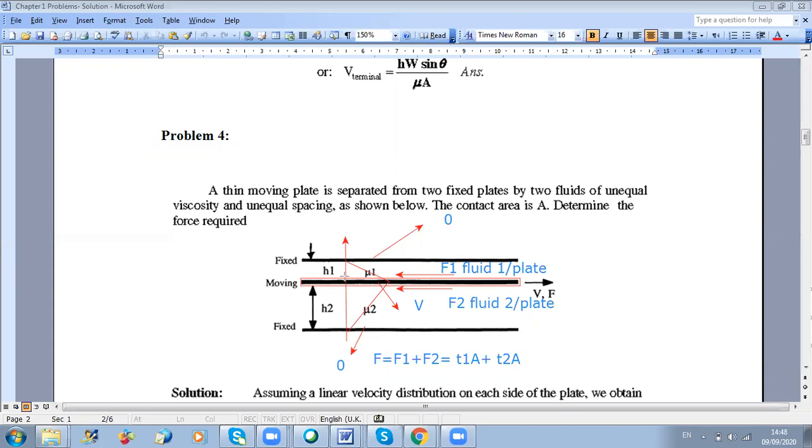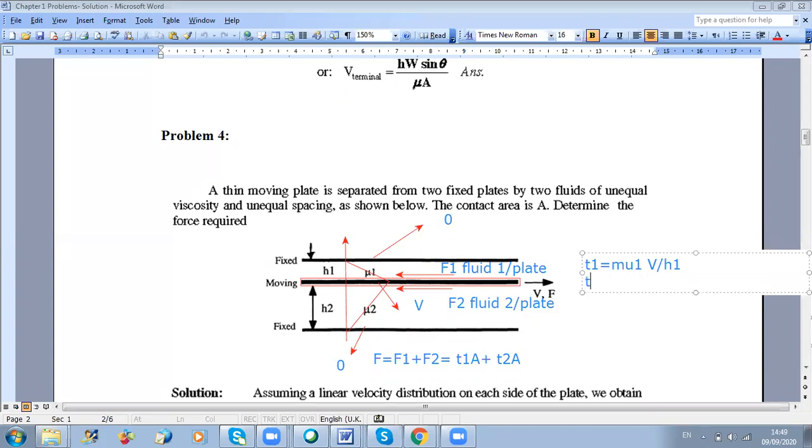So in this fluid, I can write that shear tau 1 is equal to mu1 times V over H1. And it's similar for the second fluid.